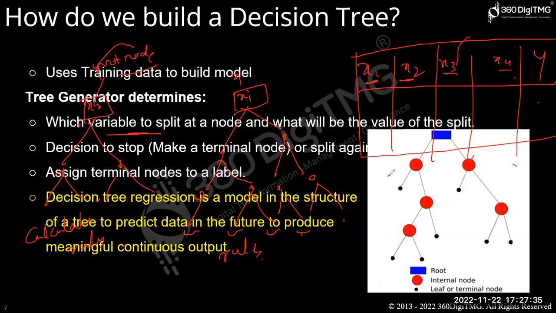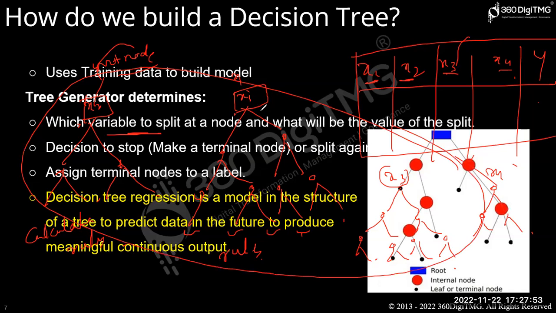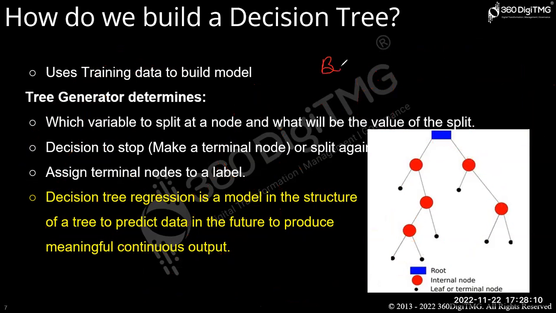Again, we will be considering x3 as a root node and splitting into various branches. And again, I'll be considering x4, and again I'm splitting into a decision tree. So among all the decision trees, whichever is giving the least number of rules, that decision tree I'll be selecting as the best one.